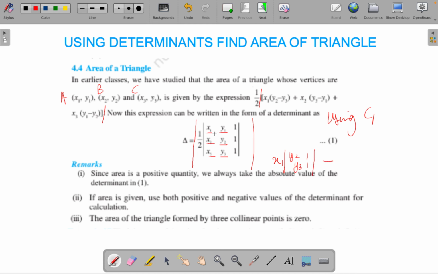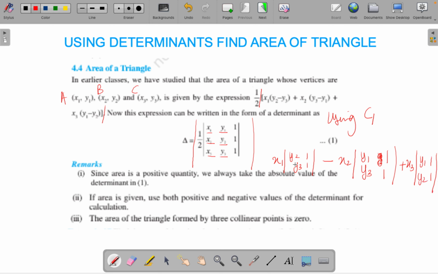Then with this we will have a minus sign, minus x2, again forget the row, forget the column, y1 1 and y3 1. Then the last, plus x3, again forget the row and forget the column, y1 1 and y2 1.